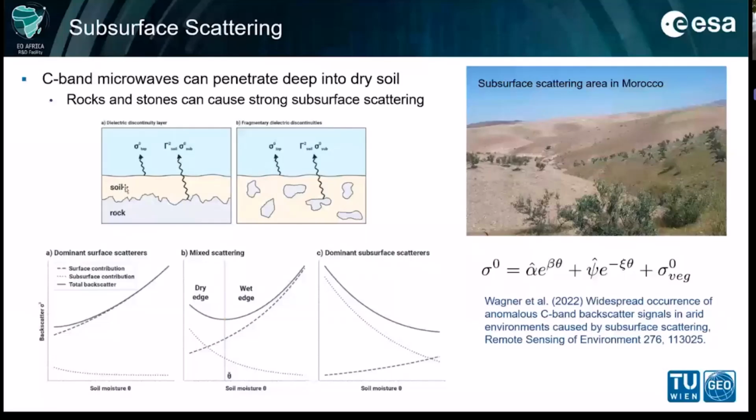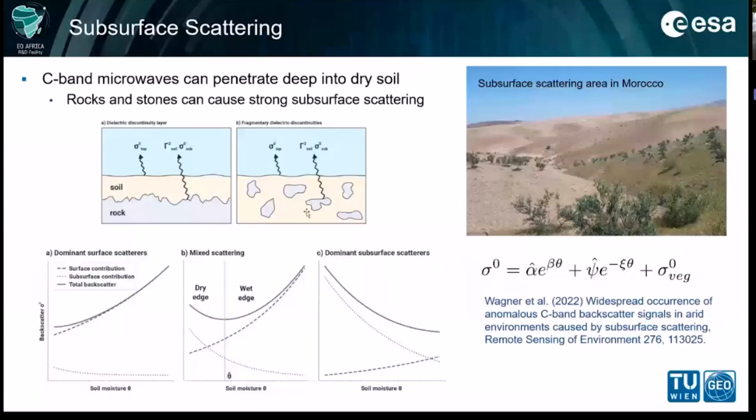Now let's say there's a rainfall event and the intermediate soil layer is wetting. Backscatter from the top increases, pushing up backscatter a little bit as expected. On the other side, the signals coming from the rock below are dampened because the microwaves are being absorbed by the layer of water contained in the soil.